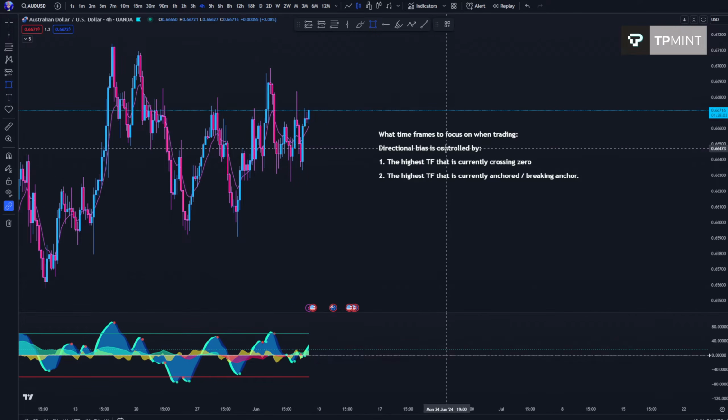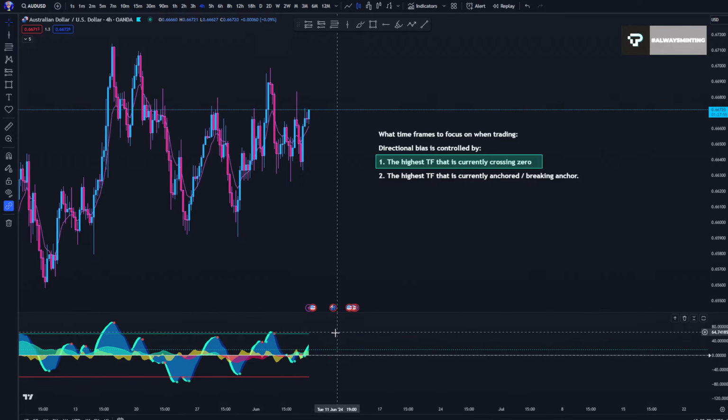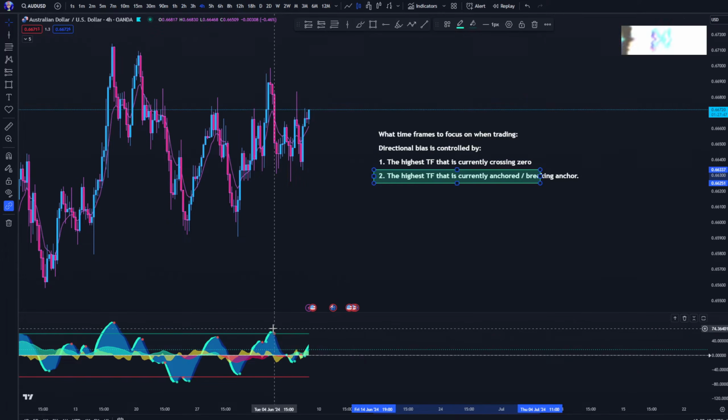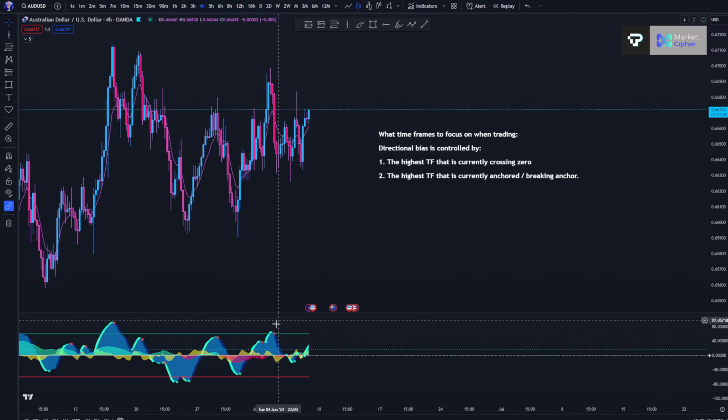The directional bias for any chart is controlled by the time frame where the blue wave is crossing zero, the highest time frame currently doing that, and then the highest time frame that is anchored or crossing down on anchor. From there, you know where the push and pull of the market is going using the Market Cipher B cheat sheet with this.